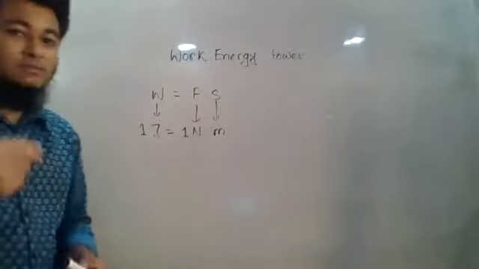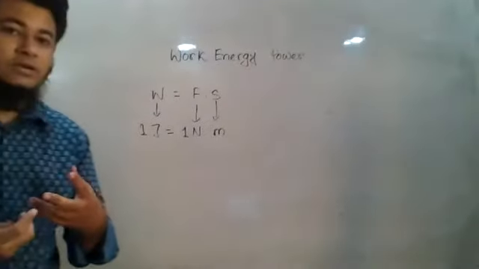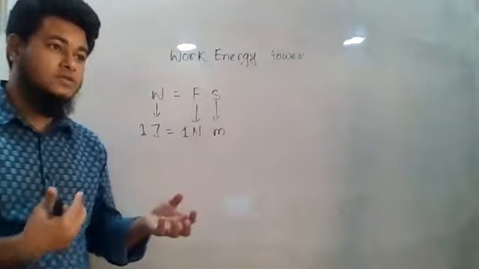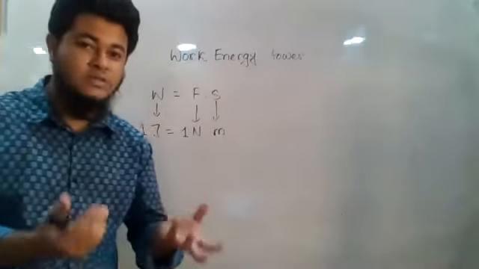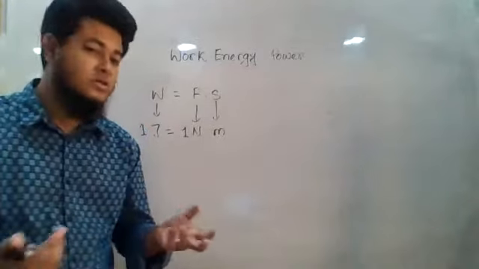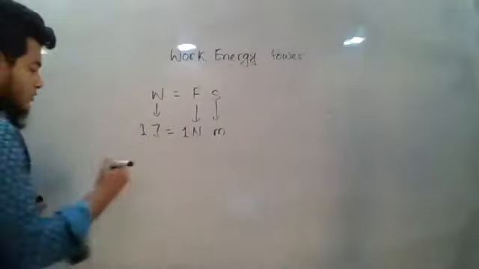Now sometimes in B, there might be a question that what do you understand by 50 joule? They will ask you, or they will ask in this way that write the significance of 50 joule. They both mean the same thing. So if the question is like that, then how will you write?